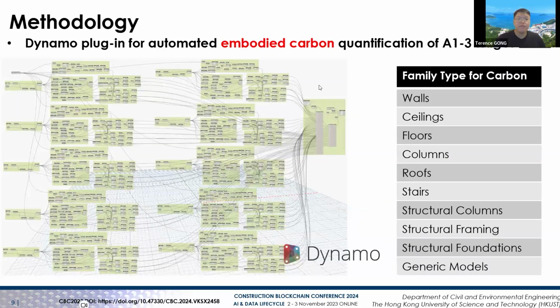Then we first developed the Dynamo plugin for automatic embodied carbon quantification for the A1 to A3 stage, which is BIM-based. We can see the family types for carbon, there are 10 of them, and we can use this to automatically get the results. The validation part we will show later with actual cases.